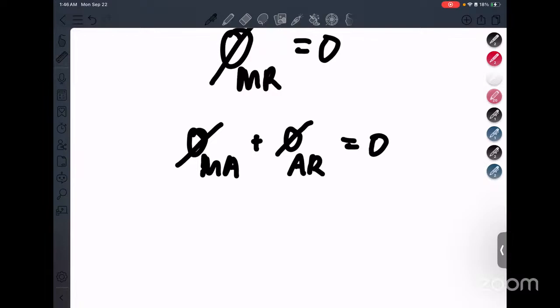The next thing I'm going to do is try to show it in terms of M and R. I don't want A to be the first term. I want A to be the reference point, so it's with respect to A. So this means now we have MA minus RA equal to zero.